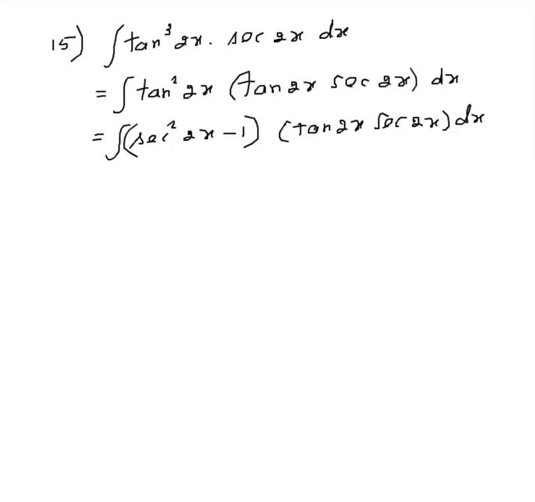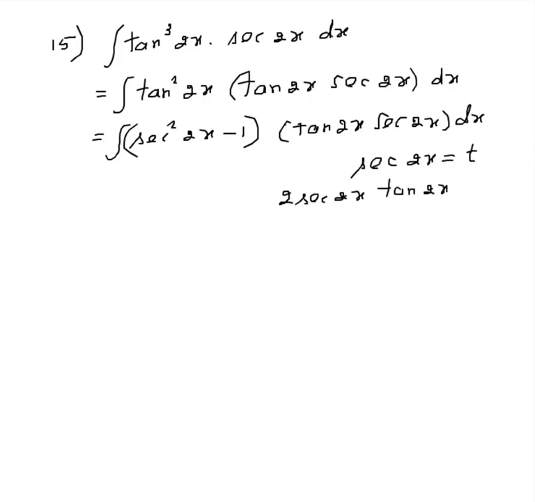Now we know that differential of secant 2x gives us this term. Let us substitute secant 2x as t. Differentiate both sides. Differential of secant 2x is secant 2x into tan 2x into 2.